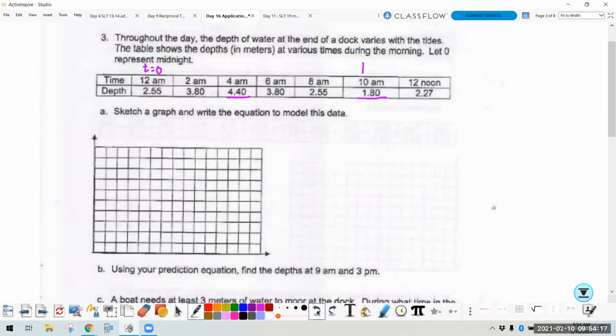Let's use appropriate math words here. Minimum and maximum. So the minimum is 1.8. The maximum is 4.4.